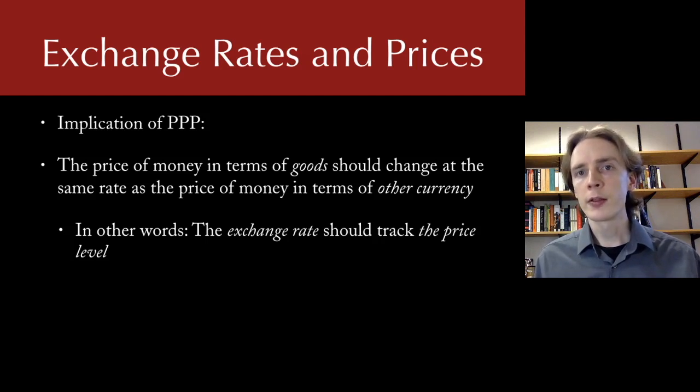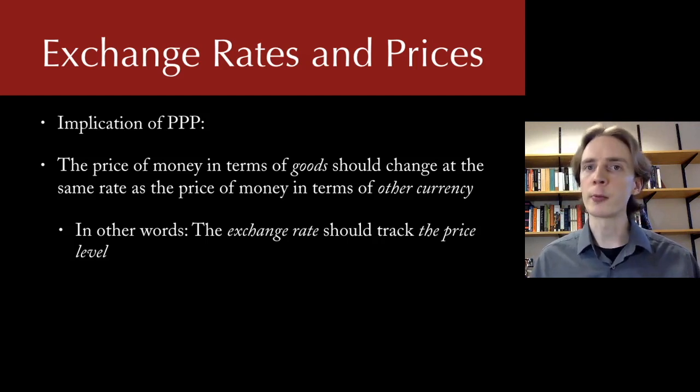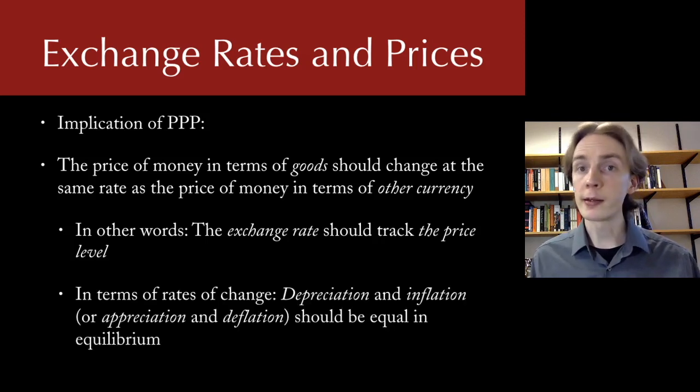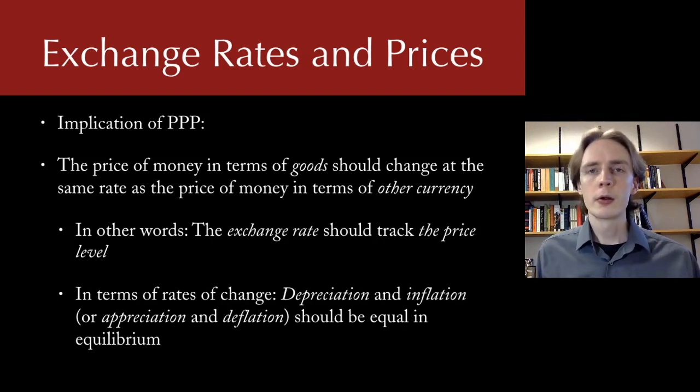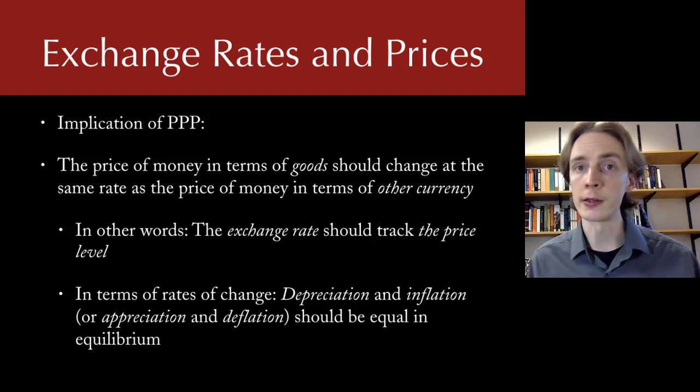Right? So if the value of money is falling, it's going to be falling in terms of goods, and it's going to be falling in terms of other currencies. And if that's not the case, that might imply an arbitrage opportunity. And we can also express this in terms of rates of change. The rate of change of the price level ought to track the rate of change of the exchange rate, at least relative to the inflation rate of the other currency.